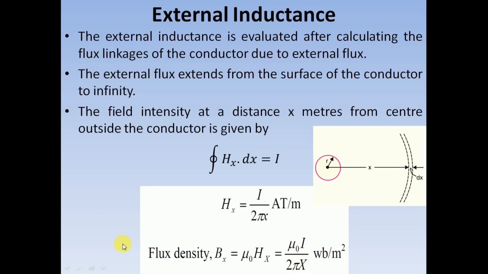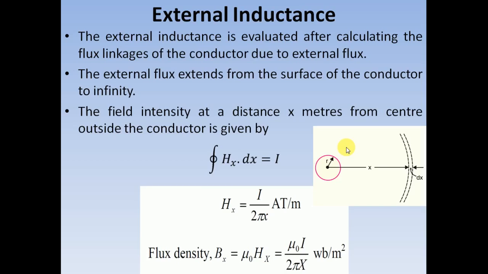I just wish to bring a very important thing to your notice. For the derivation of flux linkages due to both the internal flux as well as external flux, we will be using a common notation for considering the cylindrical shell. That is, the cylindrical shell in the case of internal flux linkage is also considered at a distance x meters from the center.